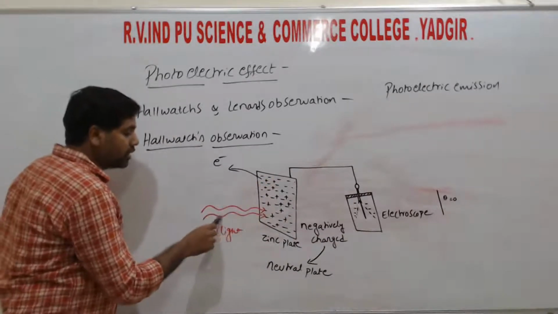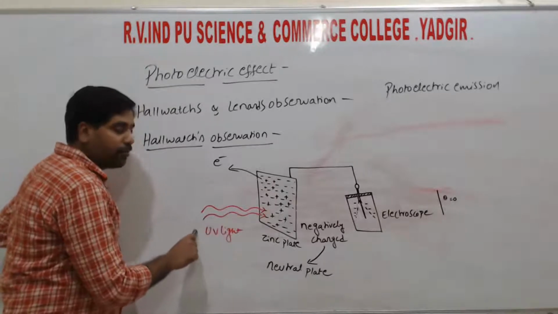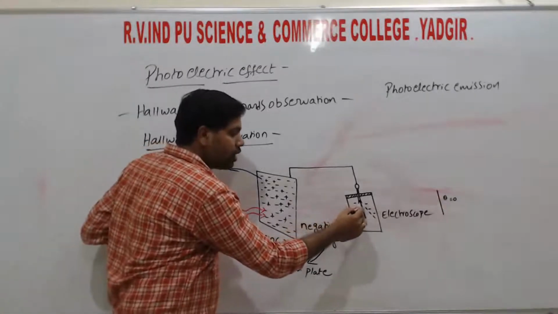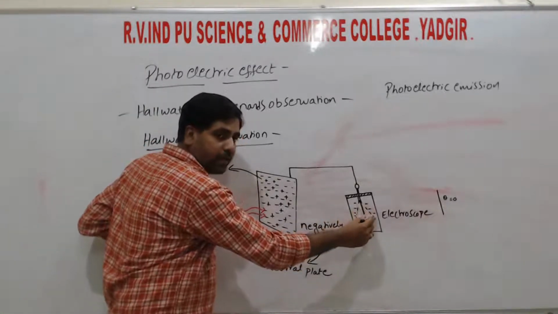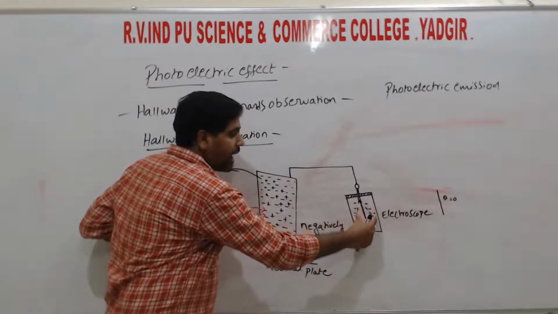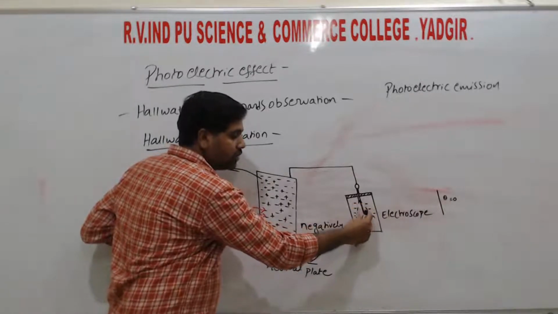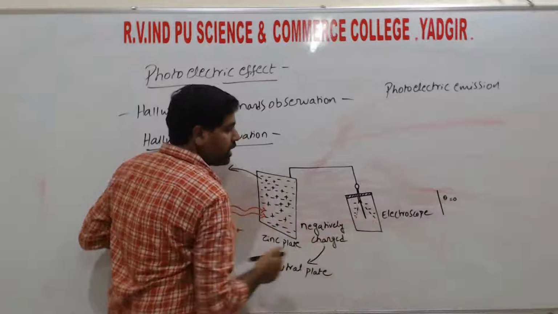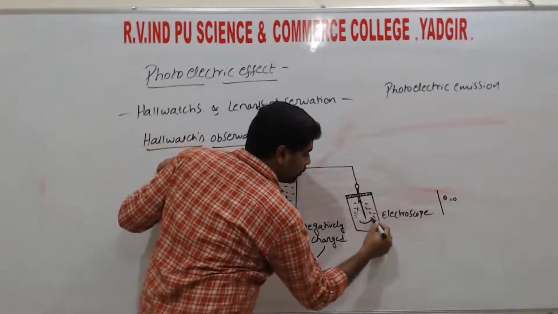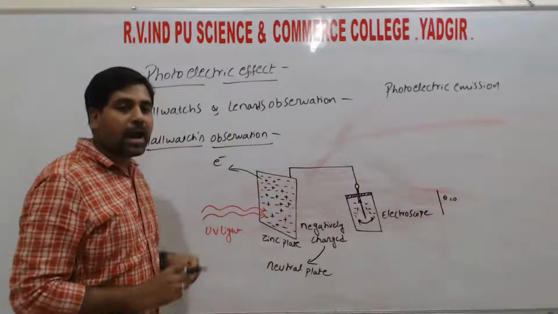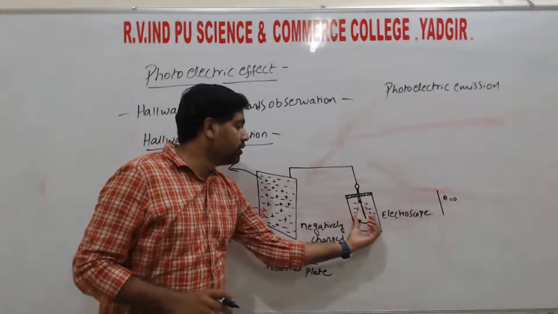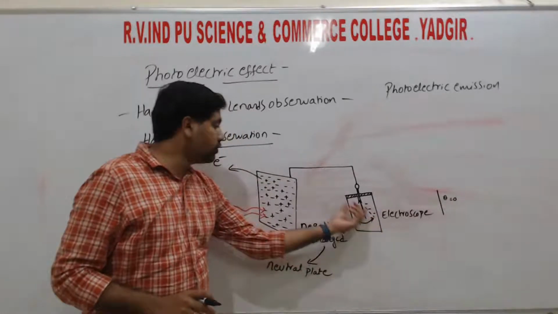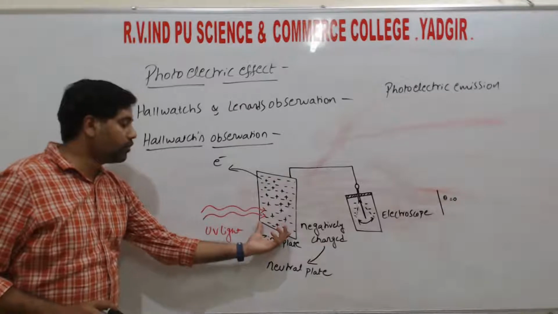Now when the ultraviolet light falls on this zinc plate, the number of electrons on the gold leaves goes on decreasing. As the number of electrons decreases, the gold leaves approach each other. Here they had a divergence with an angle, like this. This shows that the electrons are emitting from this zinc plate.